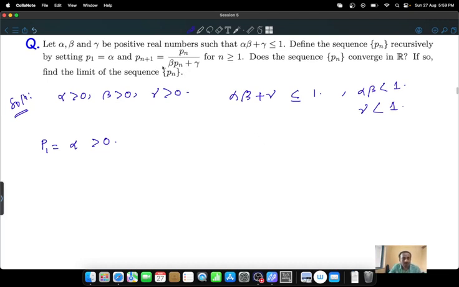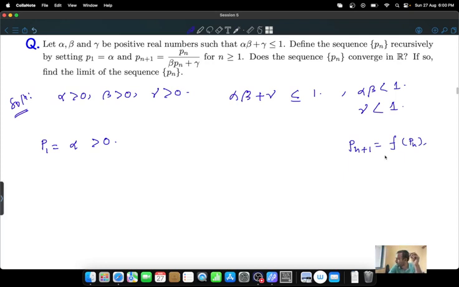Okay, so I hope you have seen this type of sequence where the nth term is constructed using previous ones, for example n minus 1 or n minus 2. There are lots of possibilities there, and I don't know whether sir has taught you about the Banach contraction theorem, that if you can put sequences in this way, f of Pn, where f is some function, then there are some theorems.